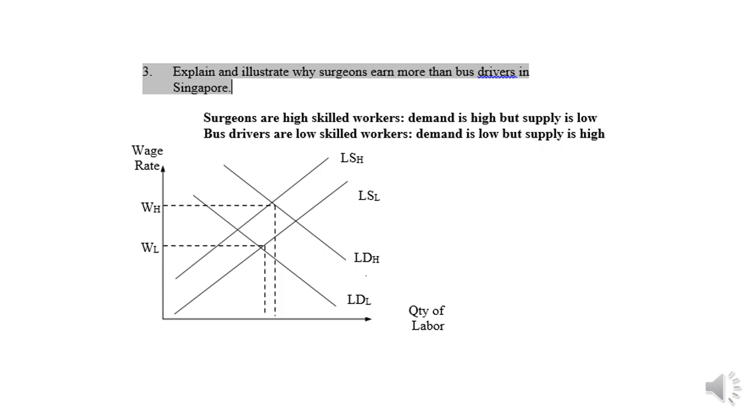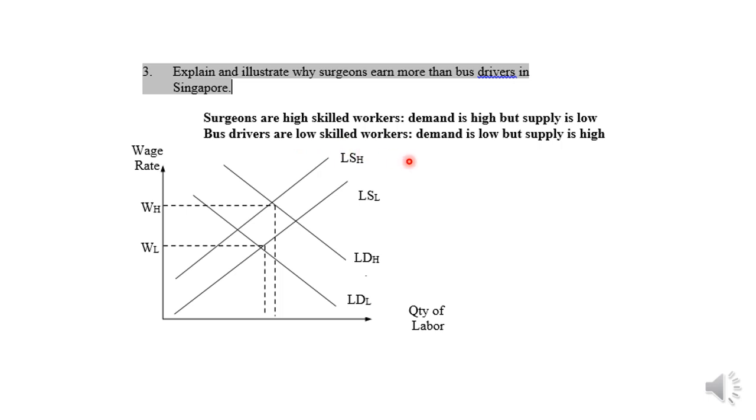Question 3 talks about income inequality. We talked about this in the lecture already, so this question is on that. Now, when we talk about demand and supply of different groups of workers, the high skilled workers and the low skilled workers, there are some assumptions.